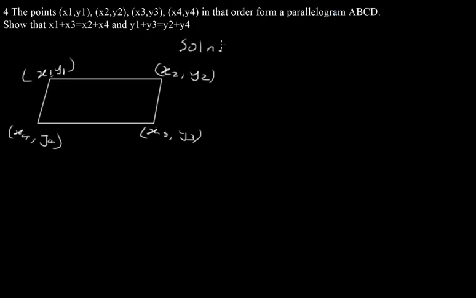We have the first point (x1, y1), (x2, y2), (x3, y3), and lastly (x4, y4). And we're asked to prove that x1 plus x3 equals x2 plus x4, and y1 plus y3 is equal to y2 plus y4.